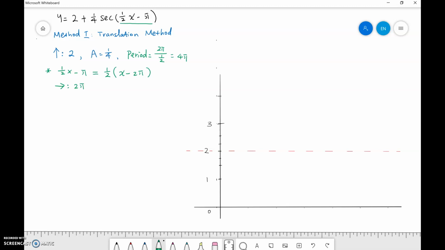Okay, so that means our starting point is going to be 2 pi, and then go all the way to 6 pi. I have it here, so I'm going to label it: 2 pi, pi, 4 pi, and then 6 pi.